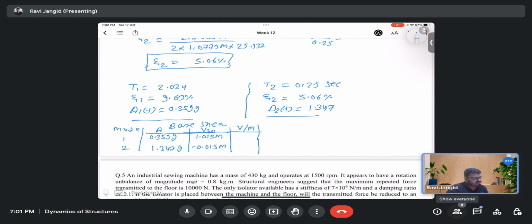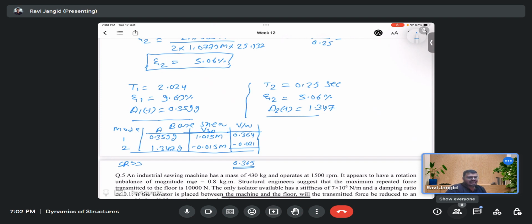We are taking the ratio not of m but of weight, Vb by W. So we simply multiply with 0.359, because m and g, mg, would be the W. Weight. So it is coming out to be 0.364 in mode 1, and 0.021 in mode 2. When I take the base shear using the SRSS, I get a base shear ratio of 0.365.